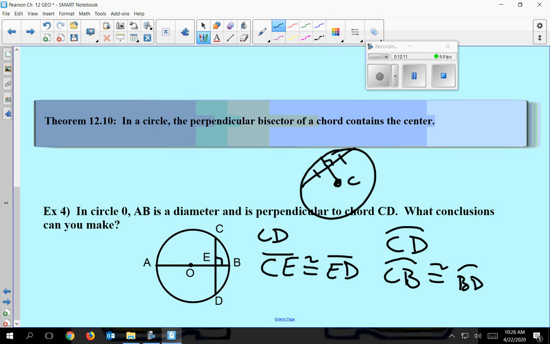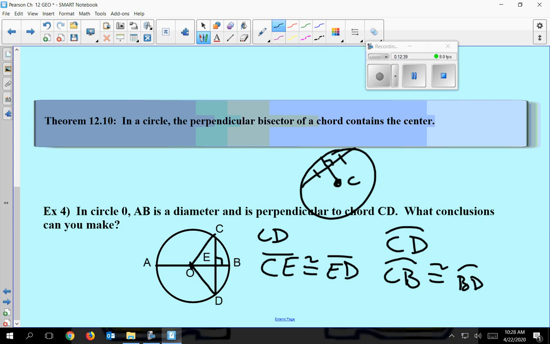There's one last thing that we can conclude from that, kind of illustrated a little bit up there, but it wasn't really mentioned. If I have this center point and I know it's in the center and I know that every radius is equal to every radius, then I should be able to draw a line from O to C and from O to D, and they should be equal too.